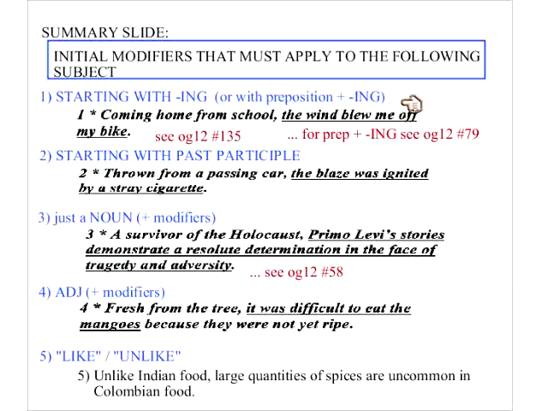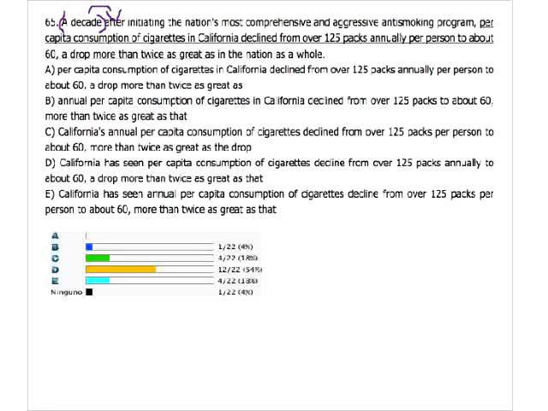So if we look at that, that's one of our initial modifiers. So this needs to apply to the following subject. So who or what, please tell me in the text box, who or what actually initiated the nation's most comprehensive and aggressive anti-smoking program?